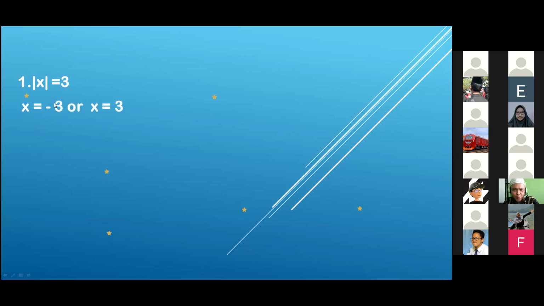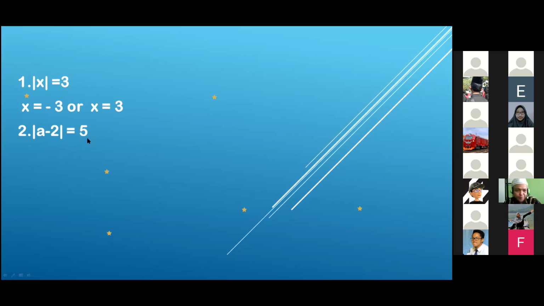X equals negative 3 or equals 3. So negative 3 and 3 are the solution of this absolute value equation.